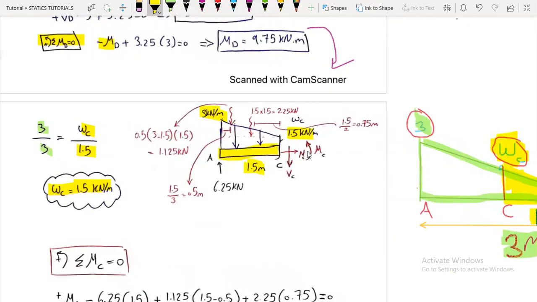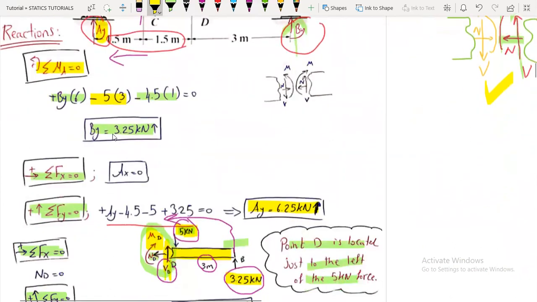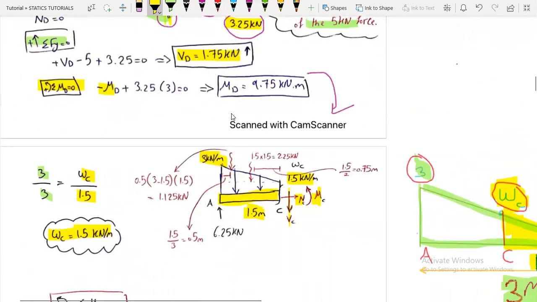And here the positive sign convention is: the shear is downwards, the axial is to the right, and the moment is acting counterclockwise. So what we have here, the left side, we have just these two distributed loads, the triangle and the rectangular one, and the reaction at A, which is 6.25 kilonewtons.